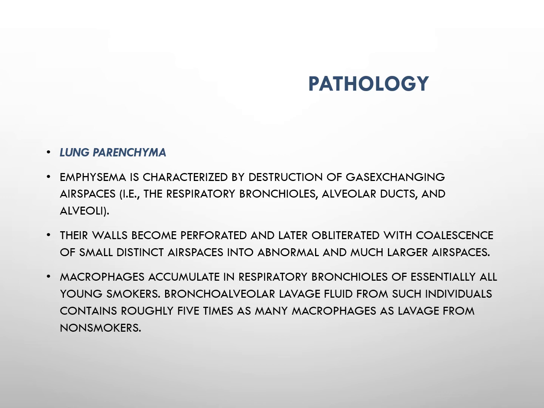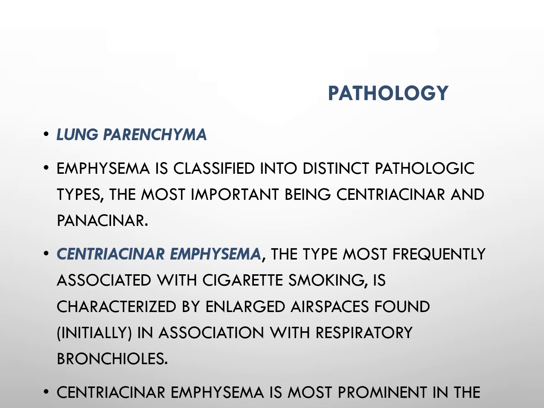Macrophages accumulate in respiratory bronchioles of essentially all young smokers. Bronchoalveolar lavage fluid from such individuals contains roughly 5 times as many macrophages as lavage from non-smokers. Emphysema is classified into distinct pathologic types, the most important being centriacinar and panacinar. Centriacinar emphysema, the type most frequently associated with cigarette smoking, is characterized by enlarged airspaces found initially in association with respiratory bronchioles.